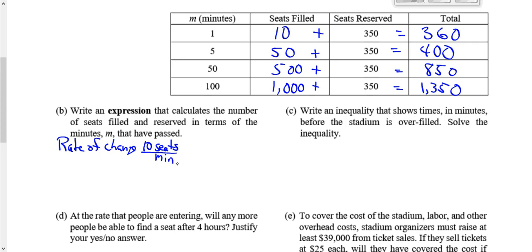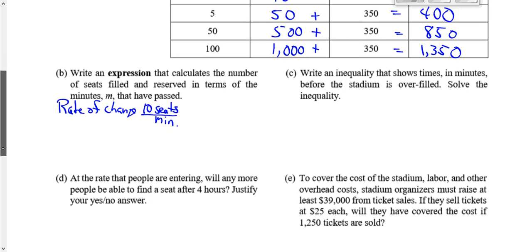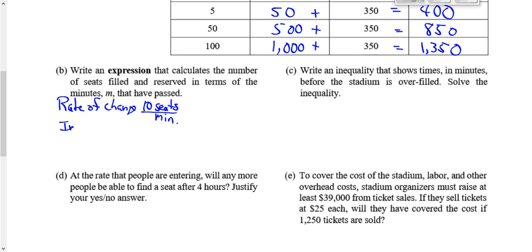And do we have an initial value or a starting point? 350 seats. So if nobody comes in at all at 0 minutes, there's 350 already taken up, right?